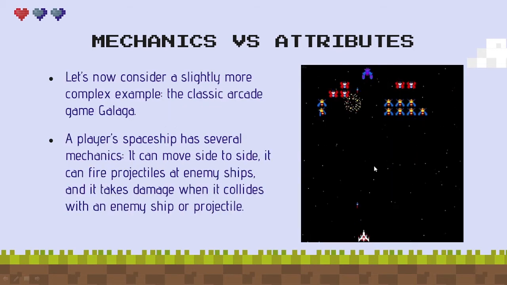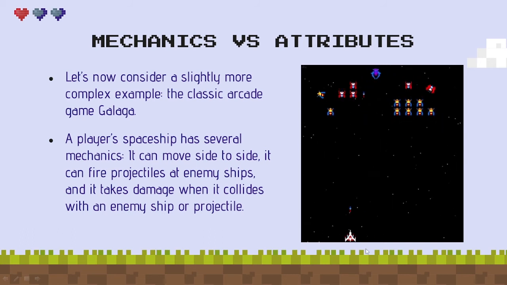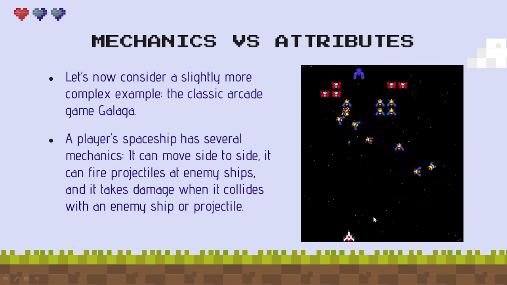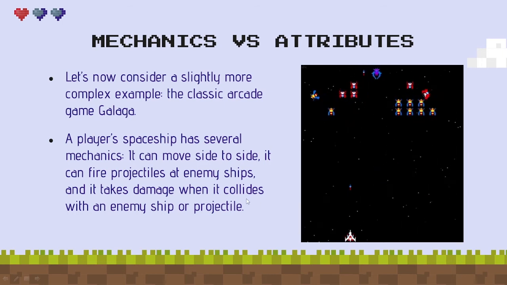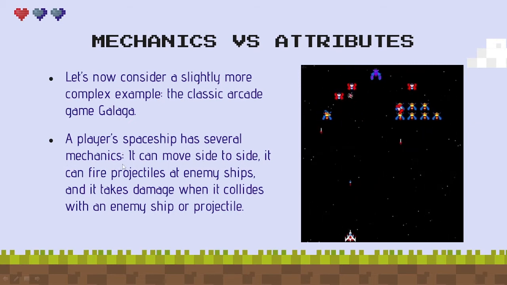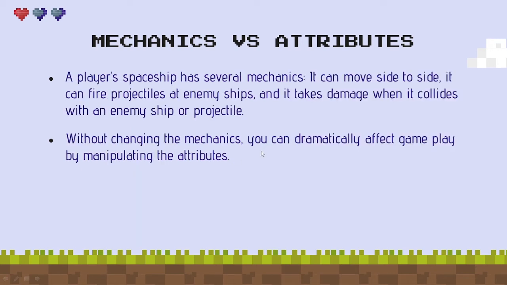Okay, so halimbawa kanina, this is the speed wherein gumagalaw yung ating player spaceship. Kung halimbawa, we won't be changing any of the mechanics. So, if we'll be changing yung ating tinatawag na attributes, is it possible ba to create a big impact nun sa game?